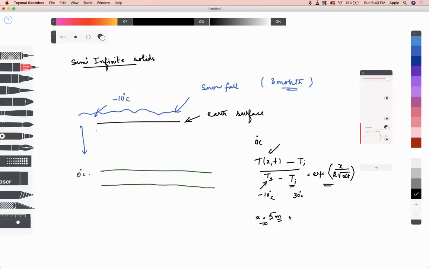So those again, only one part of the solid is exposed to a cooling environment. So again, you cannot use an infinite solid. For an infinite solid, you have to understand that it has to be present all around your body which is under analysis. Okay, so in that case, we can go with a semi-infinite solid model.